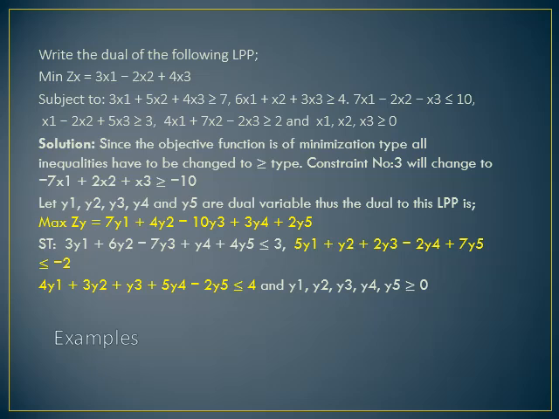The right hand side of the next constraint in the primal equals 4. So the coefficient of y2 must be 4, plus 4y2.